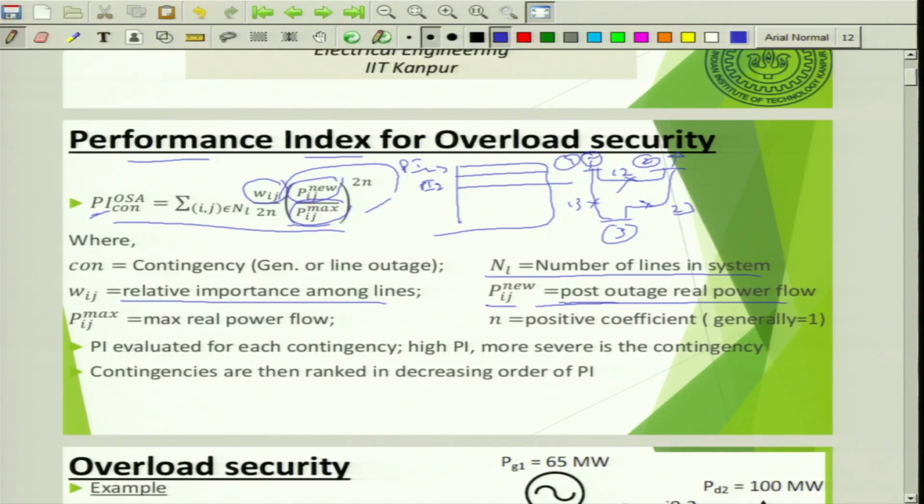Then you will identify which line outage will create the most havoc in the system. Then you will carry out the action. You can figure out what action you need to carry out, knowing this is a very critical contingency study, such that you can avoid system breakdown. So, this is what we are trying to do here.